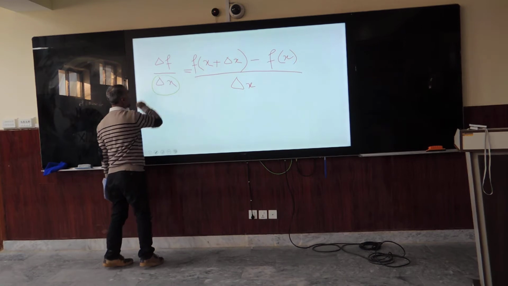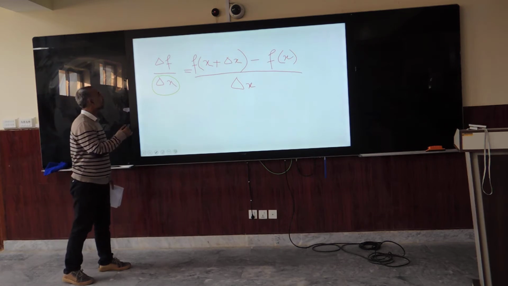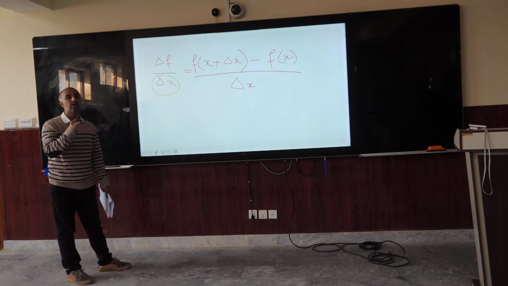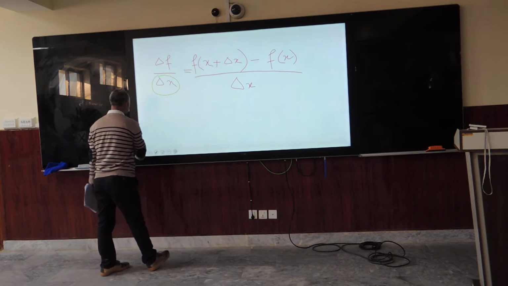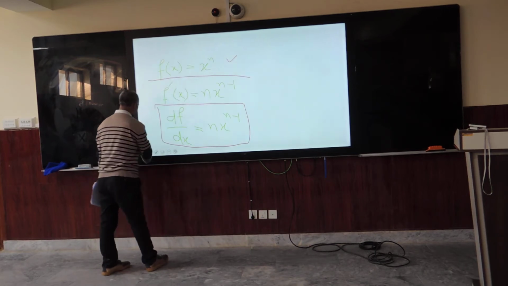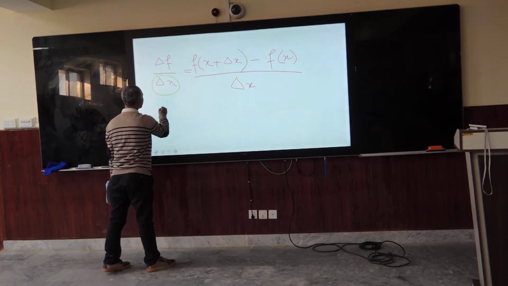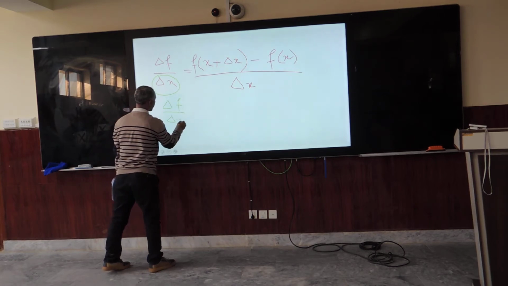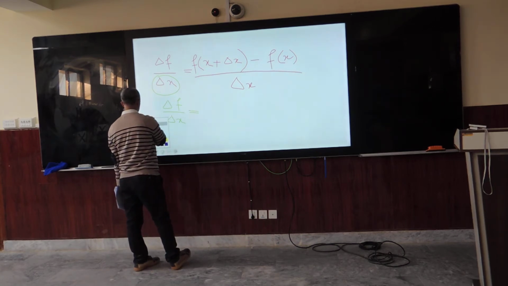At this point, when we apply the limit delta x approaches 0, this function will become the slope of the tangent line. Right now, in average form, it is the slope of the normal line. So now according to the given statement, f of x equal to x^n, we need to substitute the value of the function.